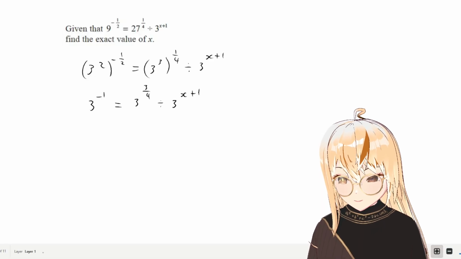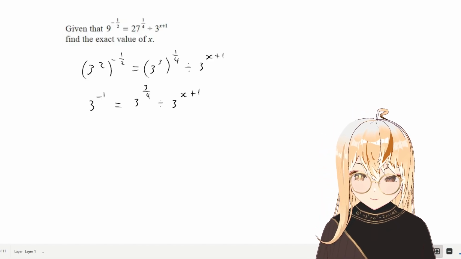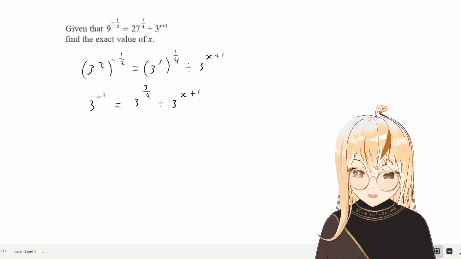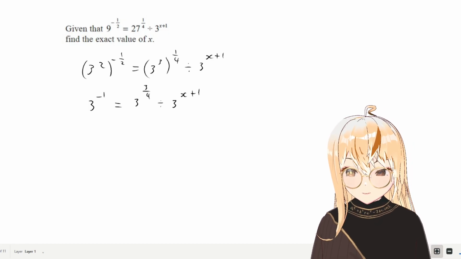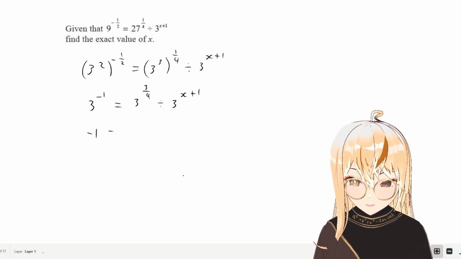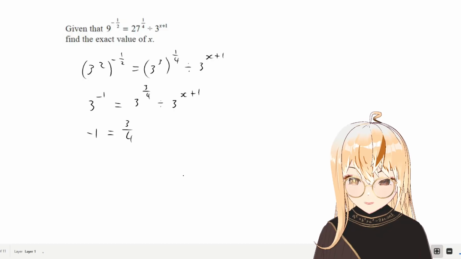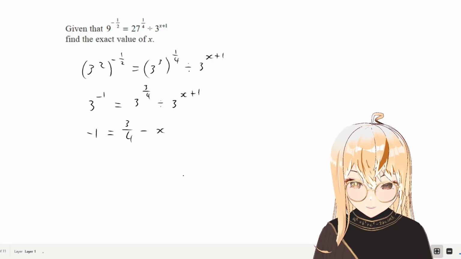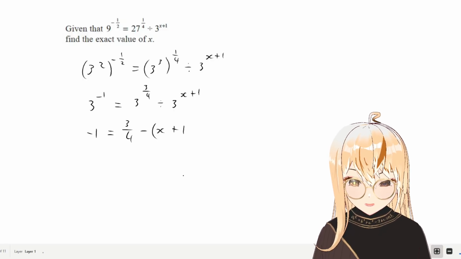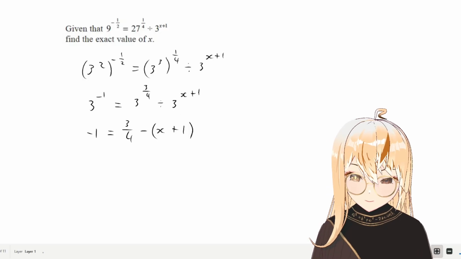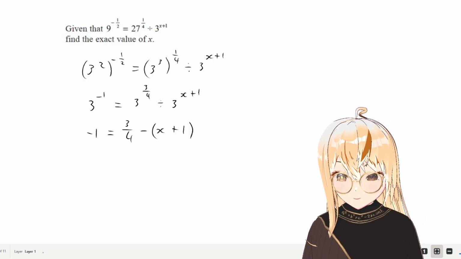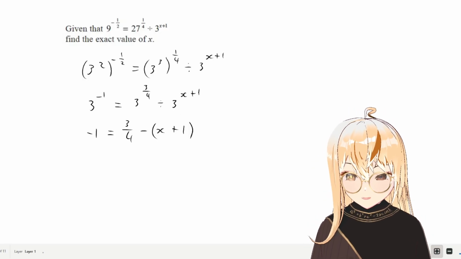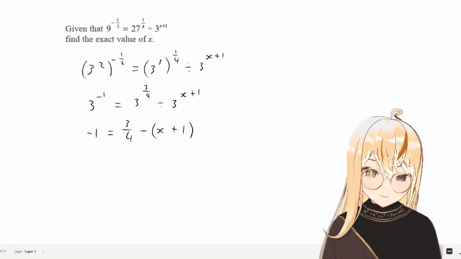Since 3 to the minus 1 is equal to 3 to the power of 3 over 4 divided by 3 to the x plus 1, this must mean that minus 1 is equal to 3 over 4 minus x plus 1. And make sure that we write x plus 1 in brackets, because we're dividing. So we're going to subtract the entirety of the power.